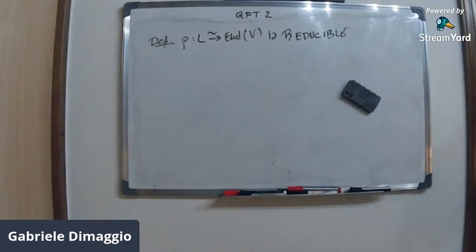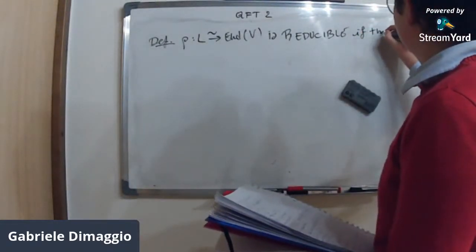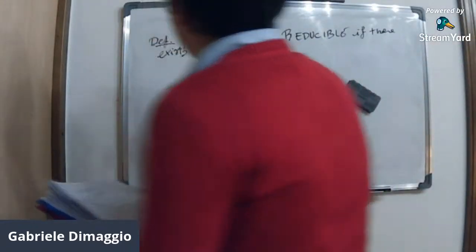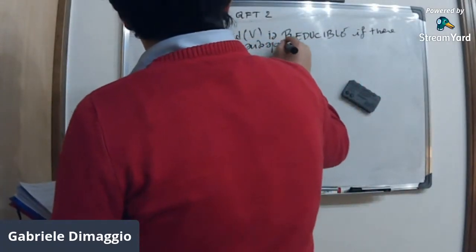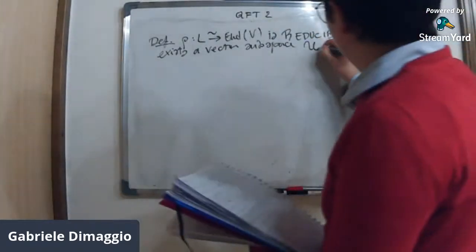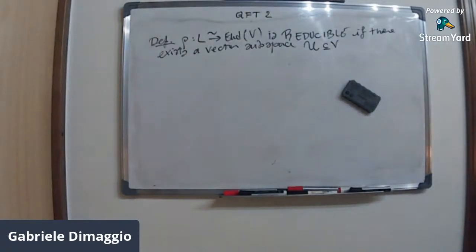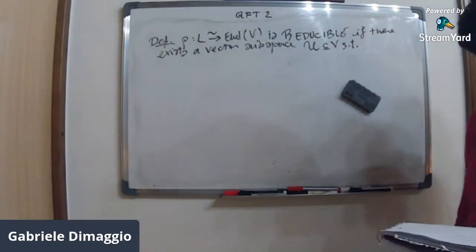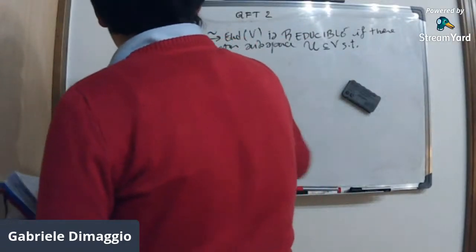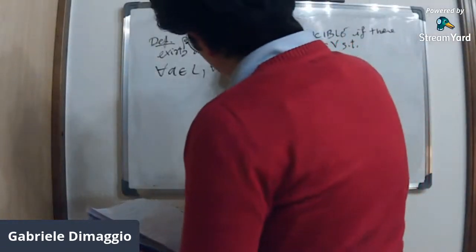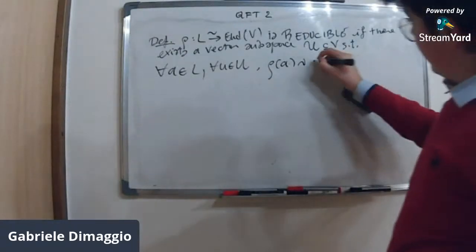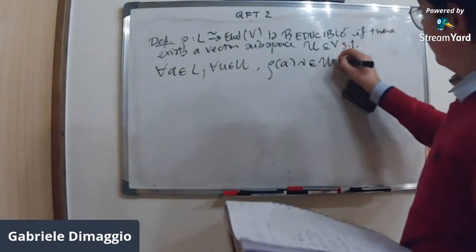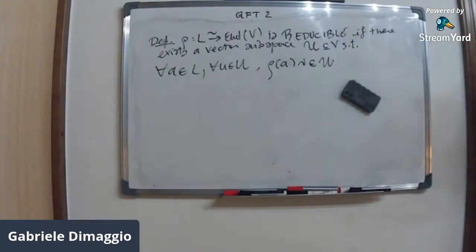So it is reducible if there exists a vector subspace U of V, so of the representation space, such that for every A in L and for every u in U, I have rho of A applied to u lives within this vector subspace.